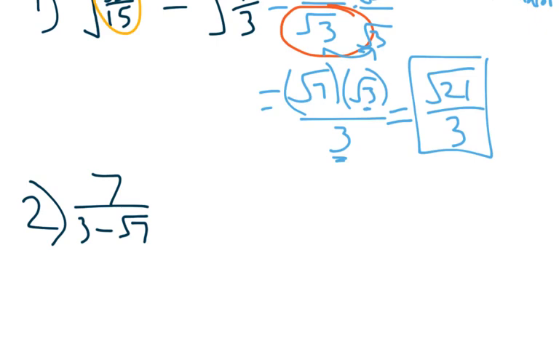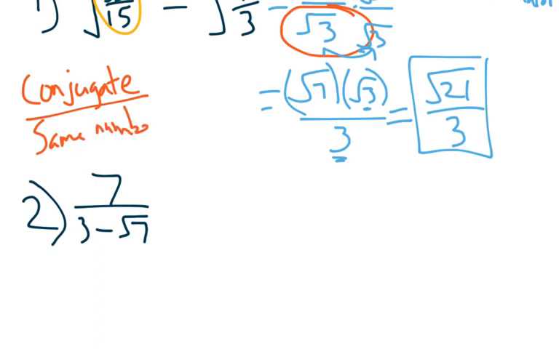In order to simplify this, we need to use what's called the conjugate. The conjugate essentially is what will rationalize the denominator when you have an expression, and it's same numbers, different sign. Same numbers, different sign.